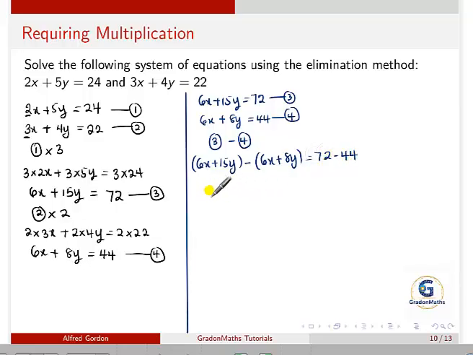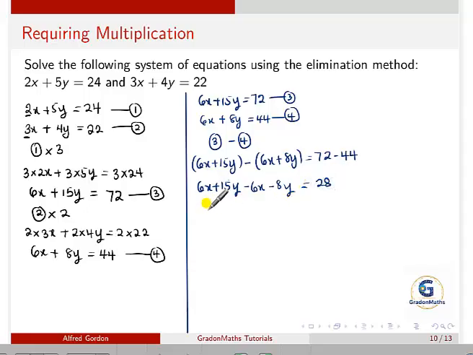Now let's expand our bracket. Expanding gives us 6x plus 15y, and then negative expanding gives us minus 6x and minus 8y, which is equal to 72 minus 44, which gives us 28.